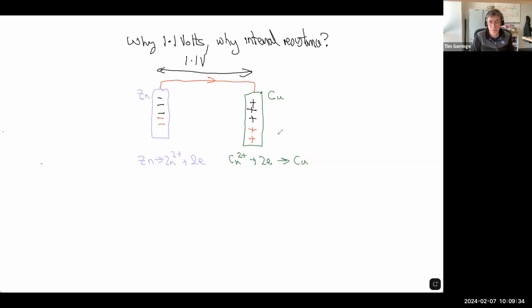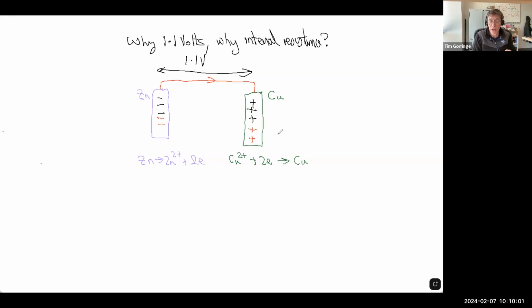However, that's fine for a small current. If we draw a small current, a relatively small number of electrons travel from the zinc to the copper each second, say, then the rate of the zinc reaction, the rate of the copper reaction that's supplying the charges is sufficiently large to replace the charges that flow through the circuit.